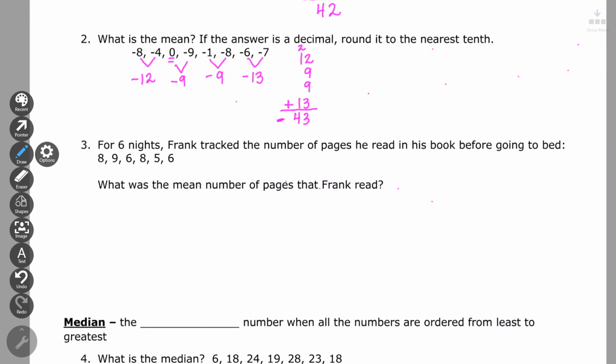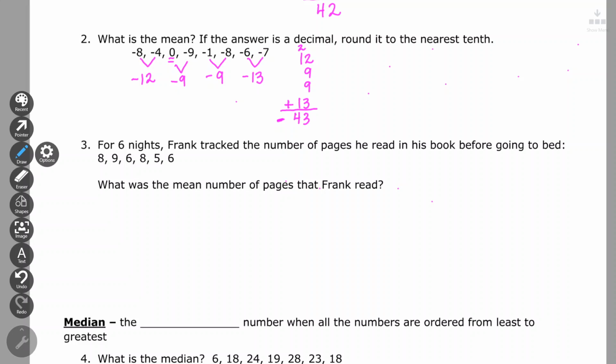All right, so we want to then divide by the number of numbers that there are. Let's see how many there are. We have to count 0 because 0 is a number in the data set. So let's not let that confuse you. 0 is a number in the data set, so we have to include it. So we're going to go 1, 2, 3, 4, 5, 6, 7, 8.